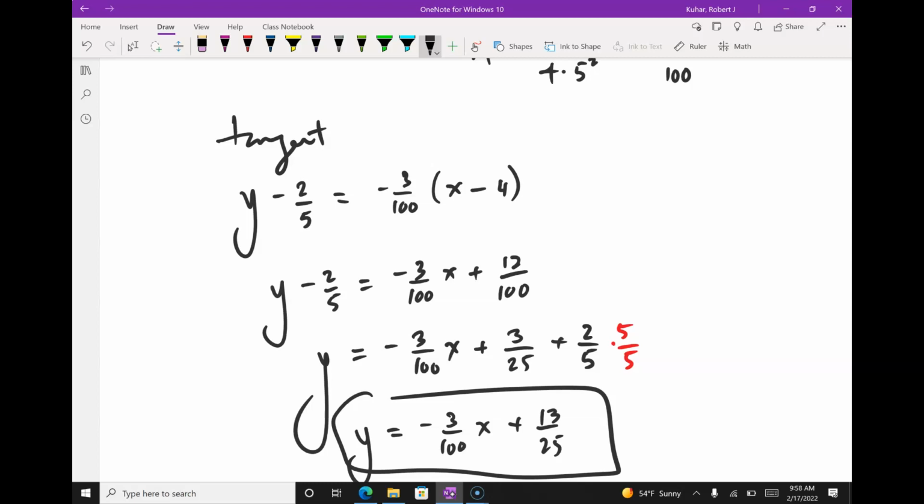Everybody okay? Nice, I gotta remember my original function. Was it rad x over 1 plus x? Is that right? Yeah.